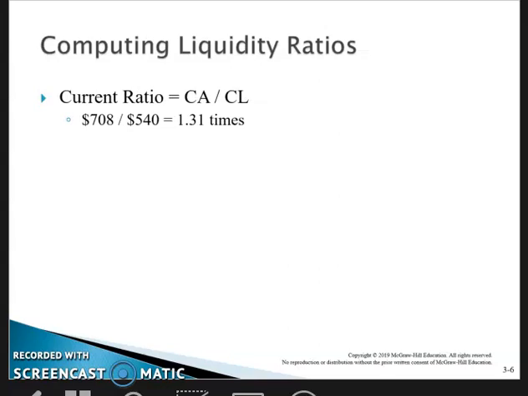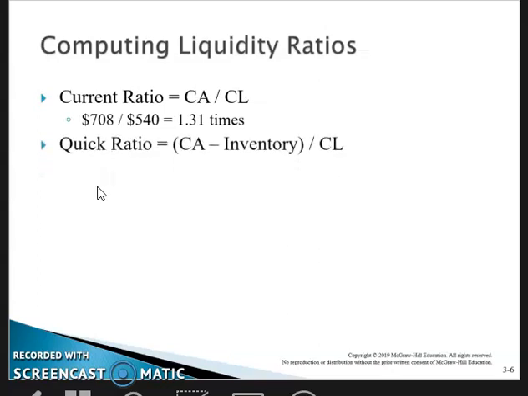That's 1.31 times. For the most part, with the current ratio, you look for something greater than 1. It indicates that the company, for the most part, should be able to meet its obligations. But sometimes we have to delve deeper.